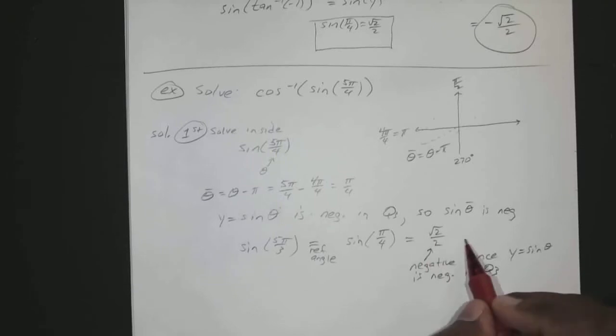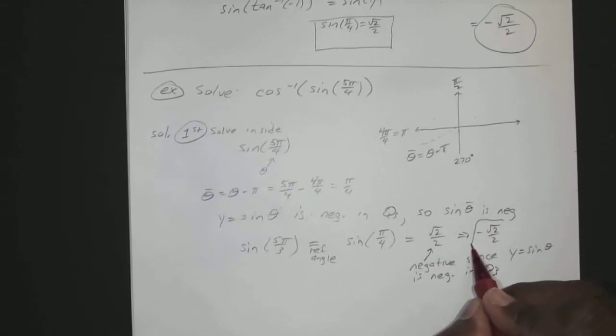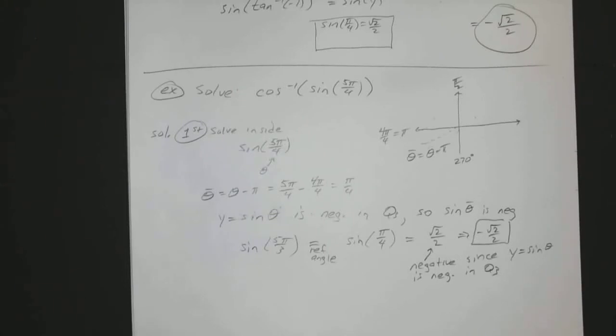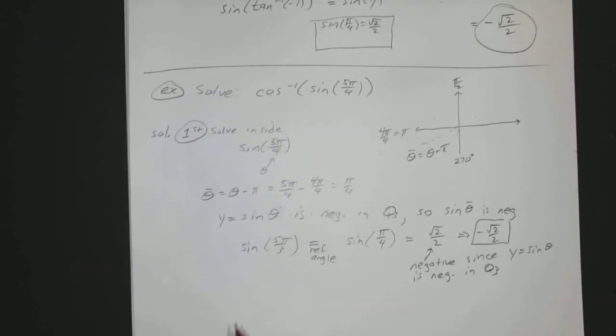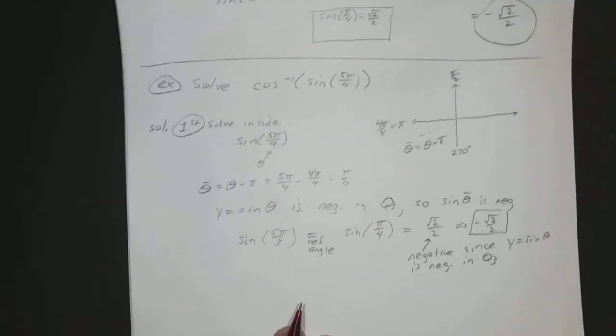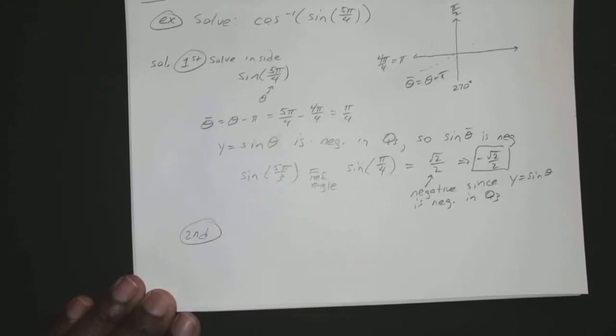So we end up with negative square root of 2 over 2. So we have the cosine inverse of negative square root of 2 over 2. Once you solve the inside, you do your second step and just solve.